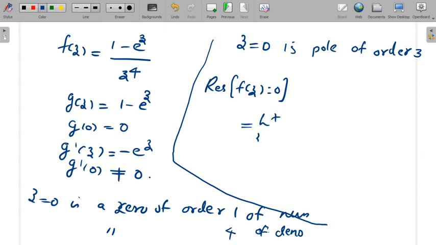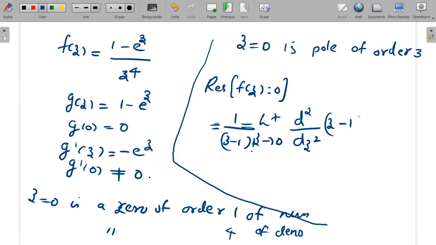limit z tends to 0. This should be 1 by 3 minus 1 factorial, limit z tends to 0, d raised to 3 minus 1, so d square by dz square of z minus 0 the whole cube into f of z.